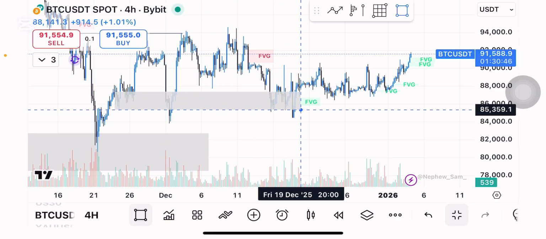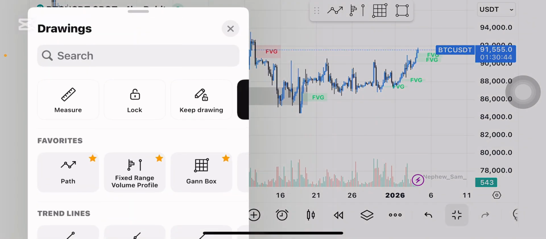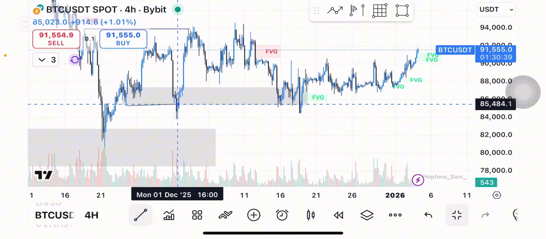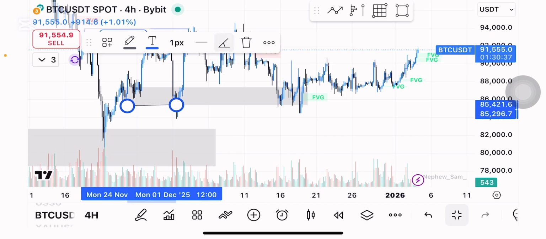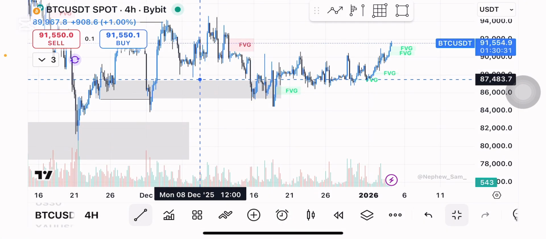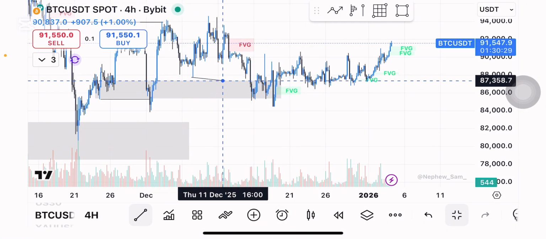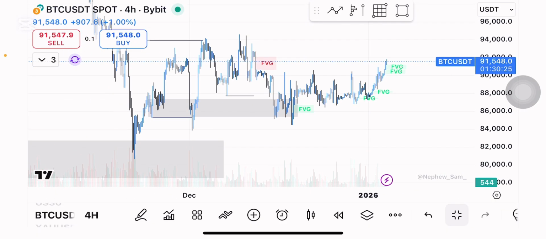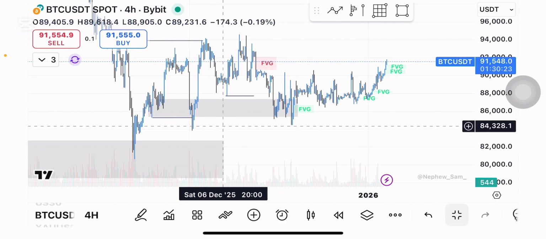This was it. This was basically the sweep that happened, the sweep, and this was the liquidity. So remember the concept I gave: after a sweep, it broke structure.